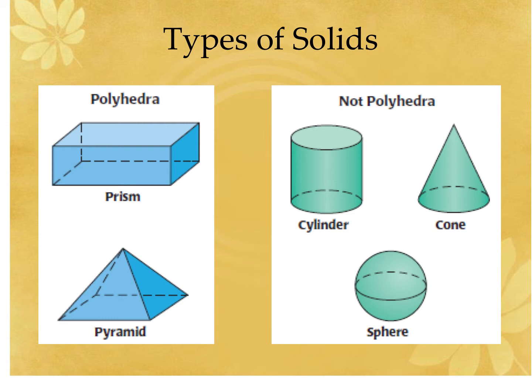The non-polyhedra are the cylinders, the cones, and the spheres. Notice their sides are not made up of polygons. They're curved. So as soon as you see a curve to your solid, it's not a polyhedron.